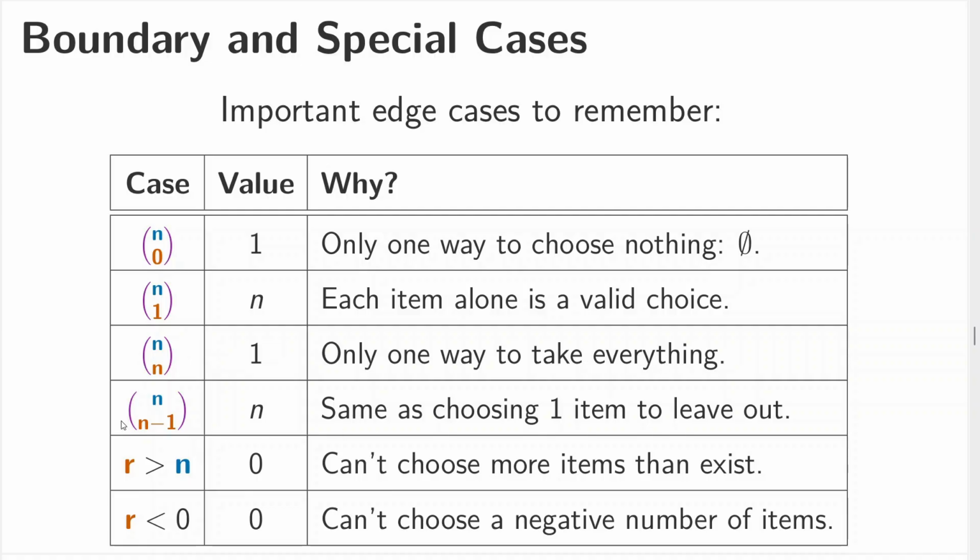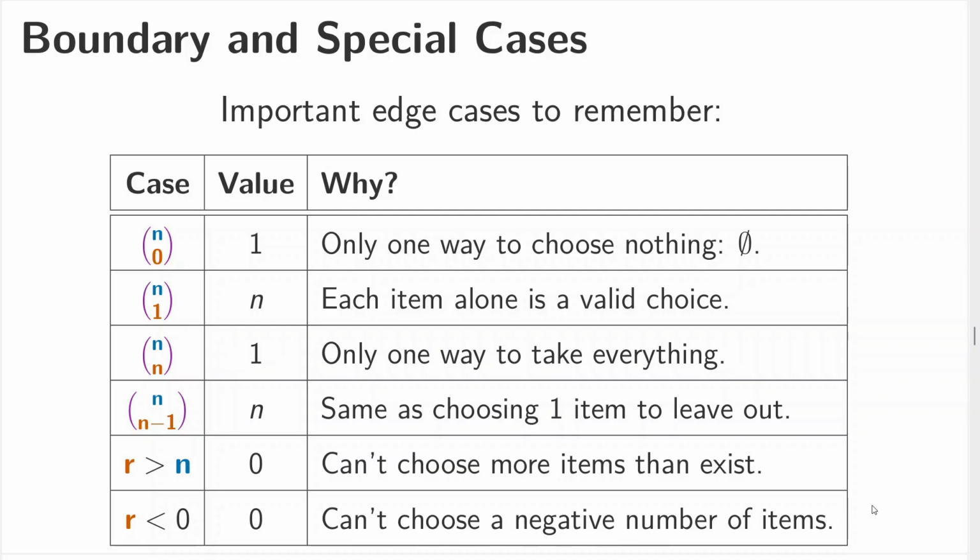Fourth, n choose n minus 1 equals n, which is the exact same logic as choosing one item to leave out. Finally, if r is greater than n, the answer is 0, because you cannot choose more items than exist, and if r is less than 0, the answer is also 0, because you cannot choose a negative number of items.